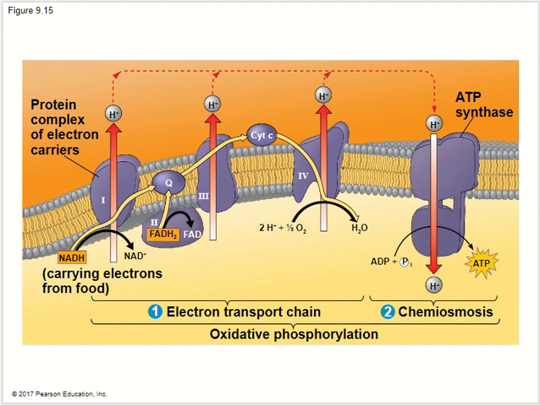Thus, we have the electron transport chain and chemiosmosis that form oxidative phosphorylation.